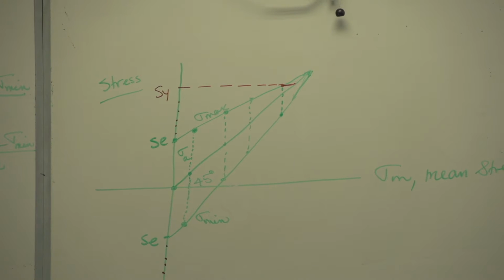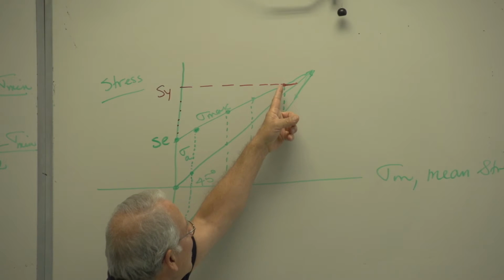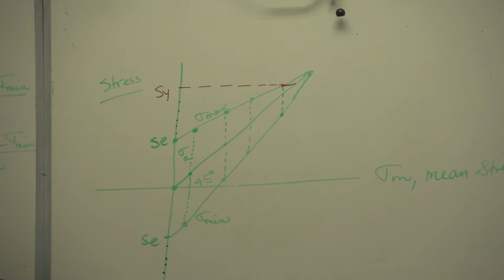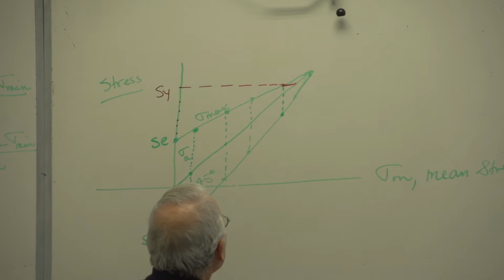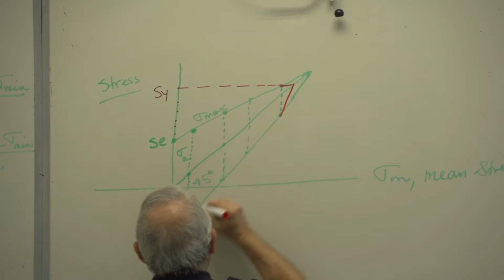Agreed? If my mean stress is here and this is my alternating, the maximum is equal to Sy. Therefore, this graph must be limited to this region.